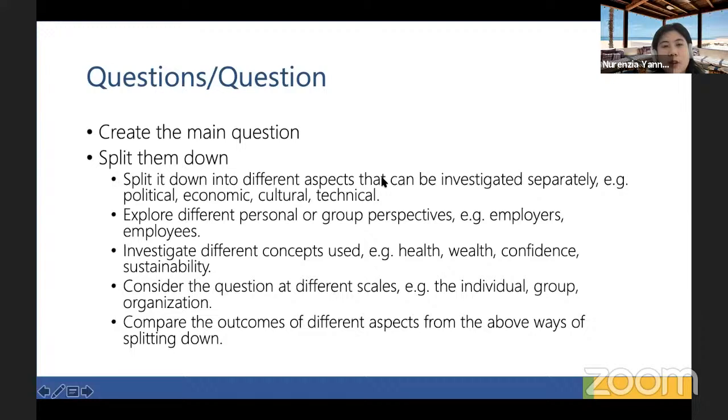So you can focus on different aspects. You can focus on the perspective of different groups. You can investigate different concepts or questions from different scales, or compare the outcomes of different aspects and so on. Yeah, so these are just ideas.